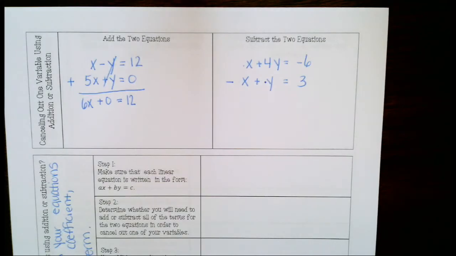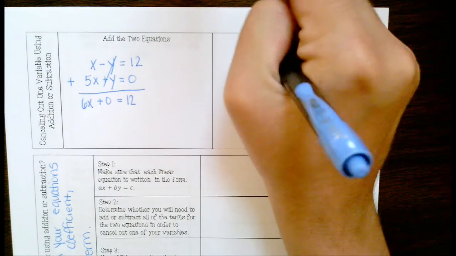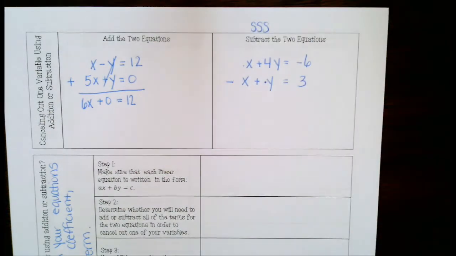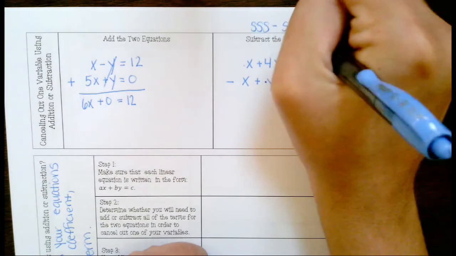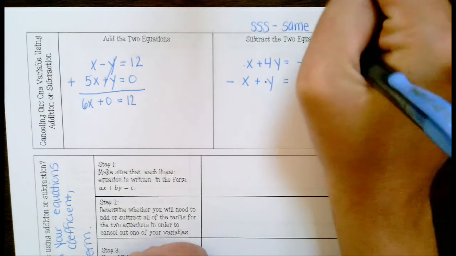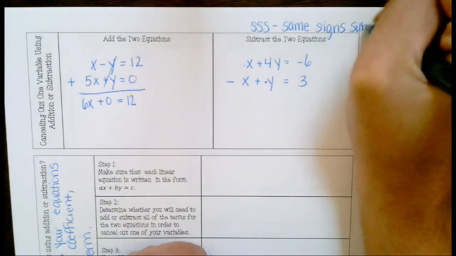One of the things I usually talk about, and you'll hear me say in order to help you remember it, is S, S, S. What that means is same signs subtract.